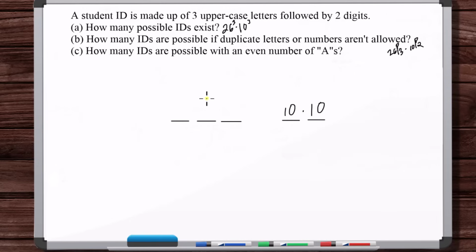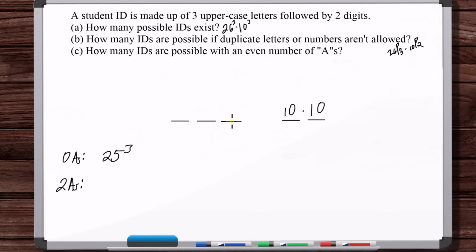I guess they're considering 0 A's to be an even number. So let's start with, what if there are no A's? That's permutations with repetition, but now you have 25 letters to choose from. So that's 25 cubed. Now what if there are 2 A's?